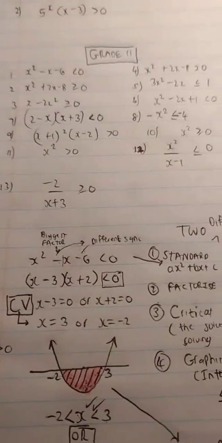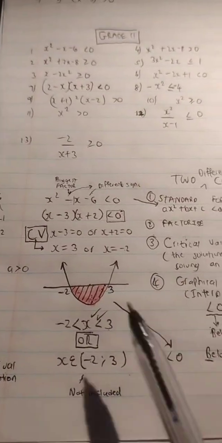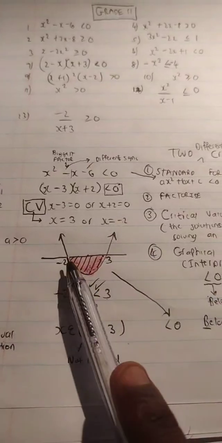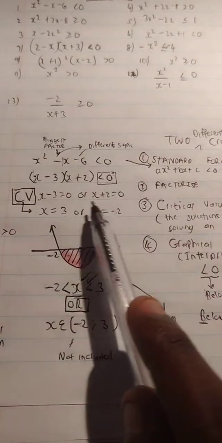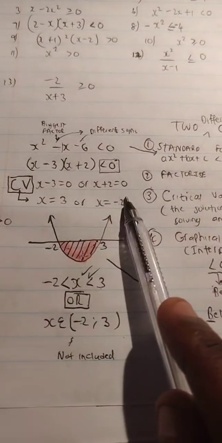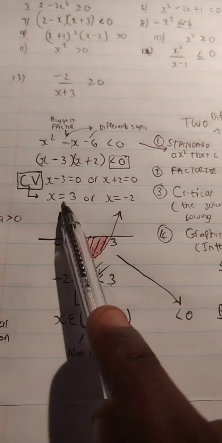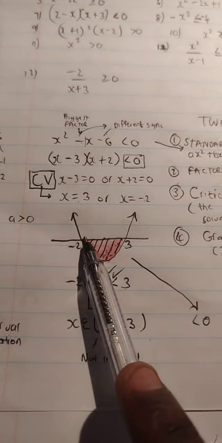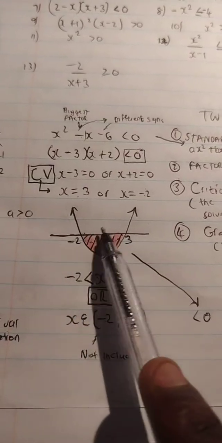The part that is important is interpreting the inequality. From the first problem, you could see this situation had 2 different critical values. That's why your critical values had a graph that cuts the x-axis at 2 places.